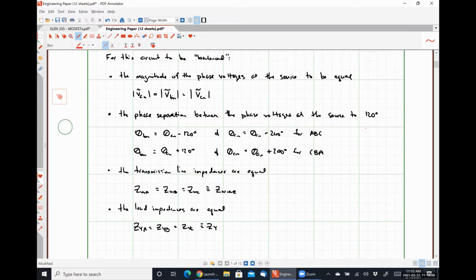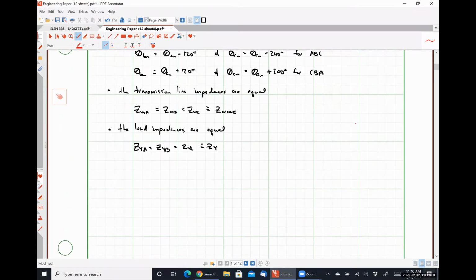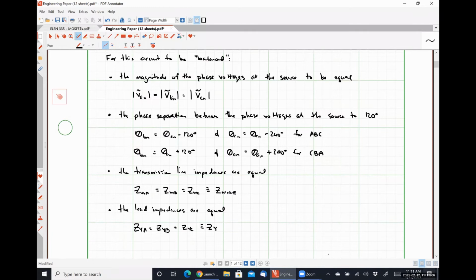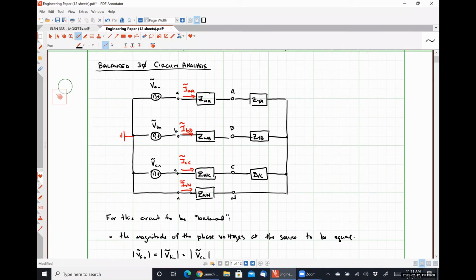So from that, if I apply Kirchhoff's current law, let's look up here real quick. If I apply KCL at the rightmost node, so way over here, what do I have?